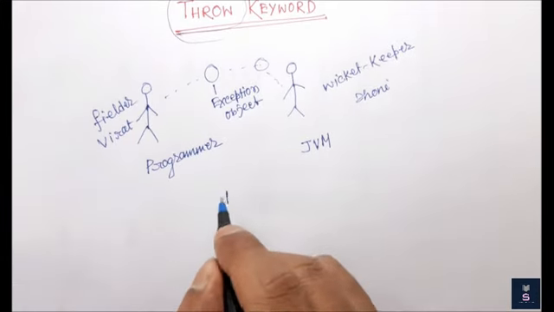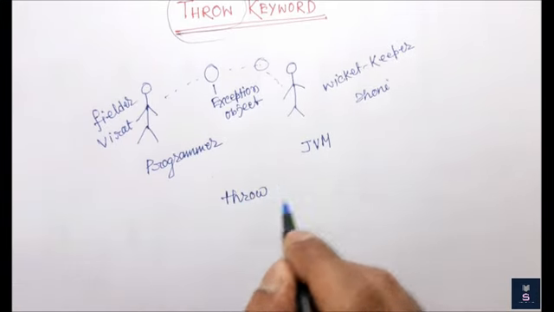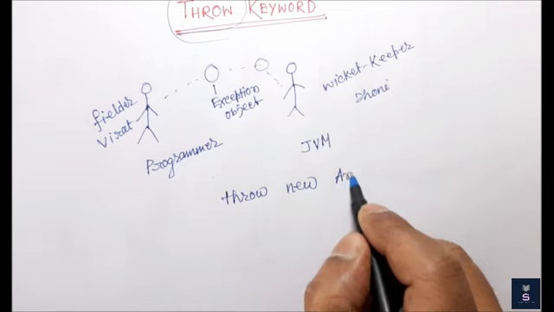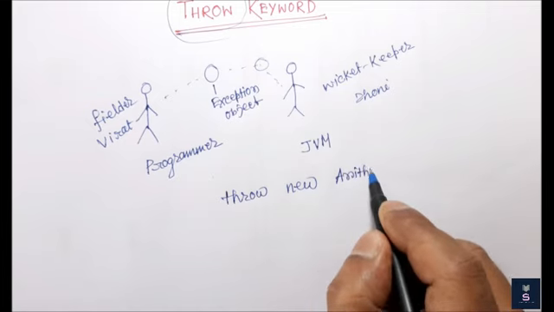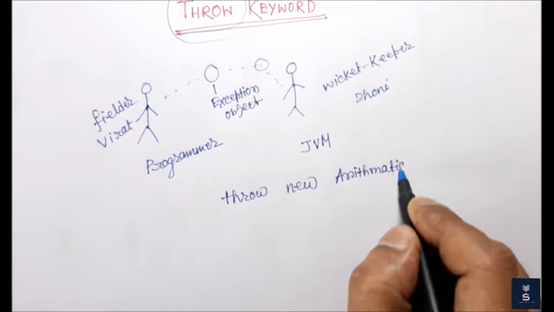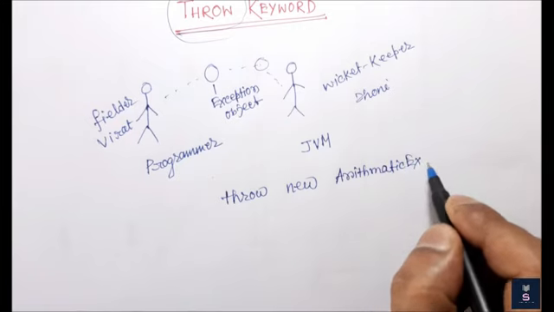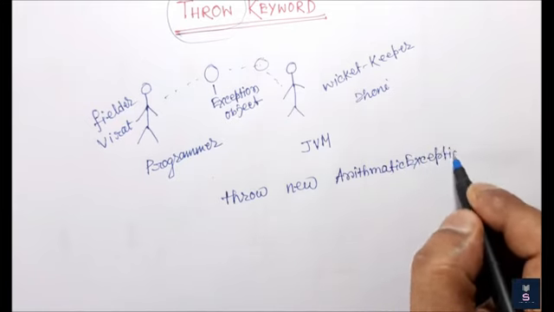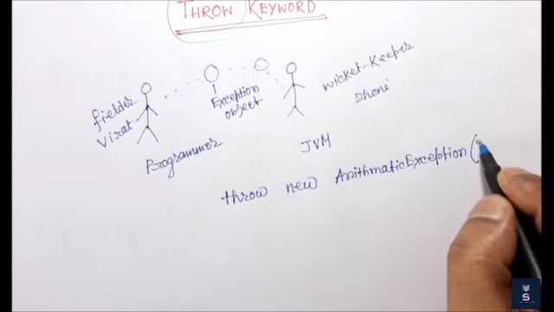We can write throw new, followed by the name of the exception, for example ArithmeticException. And if I want to pass some description about this exception, we can pass it as a string.